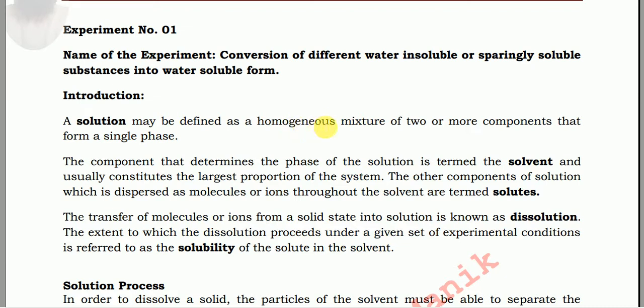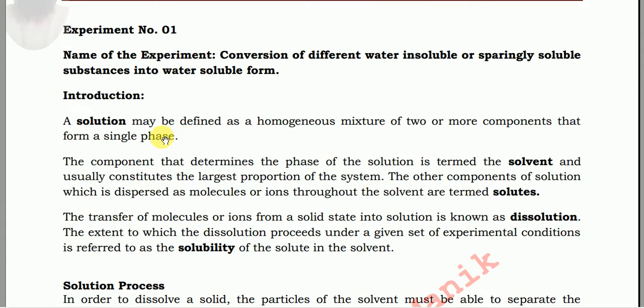These positive and negative ions will interact with the water molecule, which has a positively charged hydrogen pole and a negatively charged oxygen pole. That is a different thing. We have discussed these things during the Physical Pharmacy 1 theory class, so today we will not go into that section.